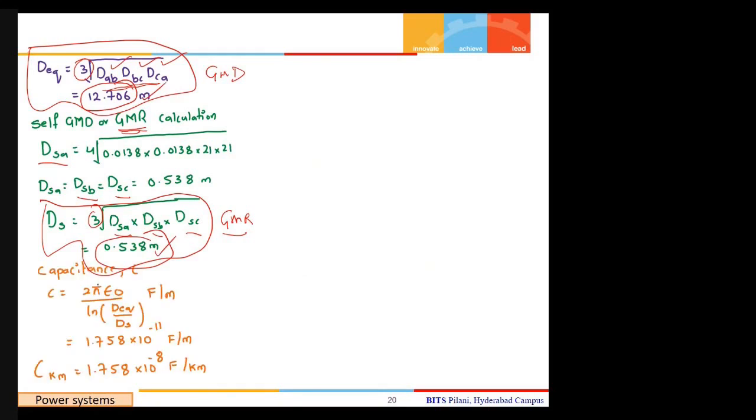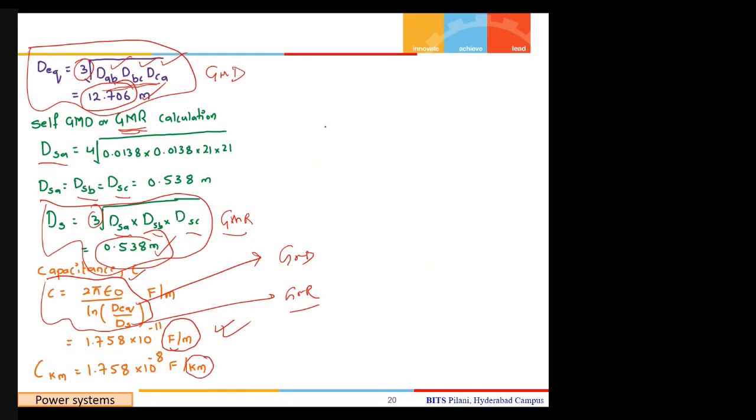So for the capacitance, we will now use 2 pi epsilon naught ln of GMD by GMR, which comes out in farad per meter. We can substitute the value of GMD here, the value of GMR here, and we get the capacitance with respect to the neutral point, and then you have to convert that to kilometers. So always you have to convert the capacitance to farad per kilometer.